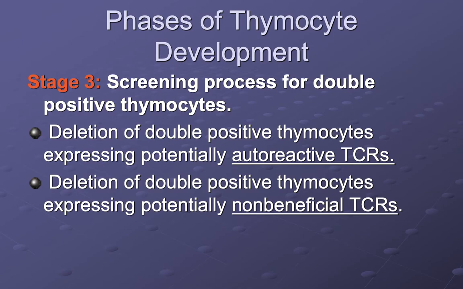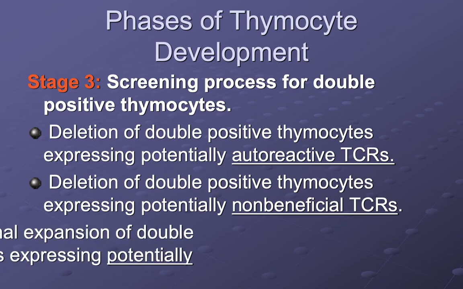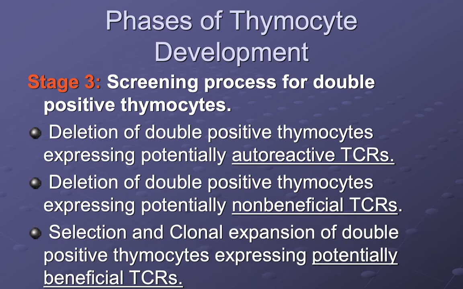Then we also have the goal of the screening for double positive thymocytes, which is for the body to be able to select and clonally expand double positive thymocytes that are potentially beneficial, or that possess potentially beneficial T cell receptors.